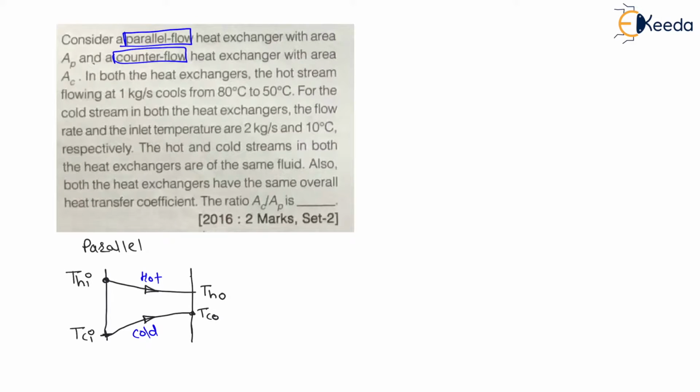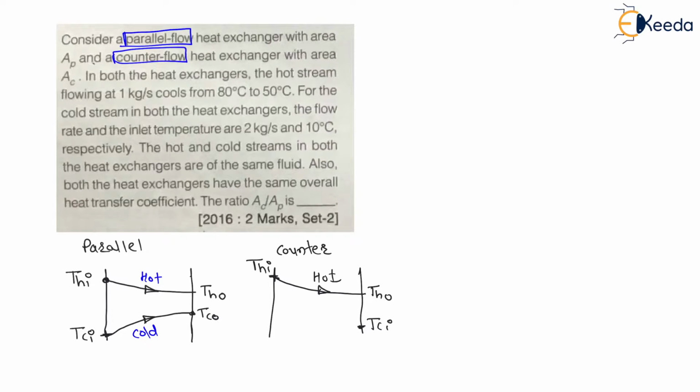Right. Now, my dear students, let us see the arrangement of counter flow heat exchanger. In case of counter flow heat exchanger, the entry of hot and cold fluid will be from opposite sides. Let us say on the left side there is an entry of hot fluid, that is THI. Therefore, hot fluid temperature goes on decreasing, and on the right side there will be the exit temperature of hot fluid, THO. The entry of cold fluid will be on the side where there is an exit of hot fluid.